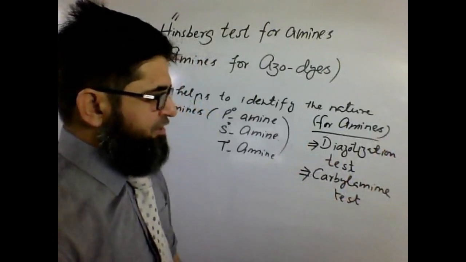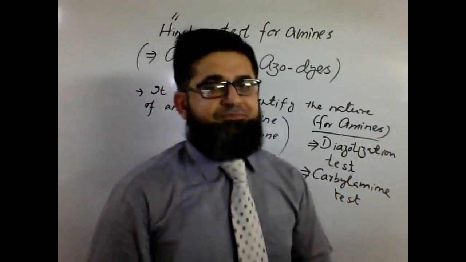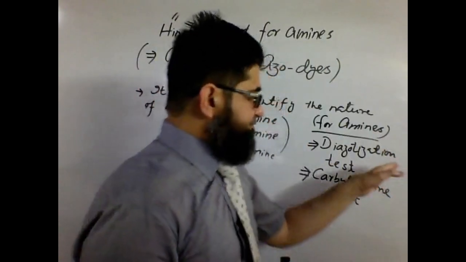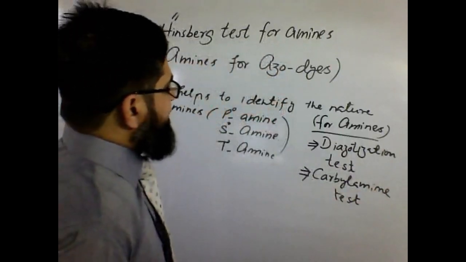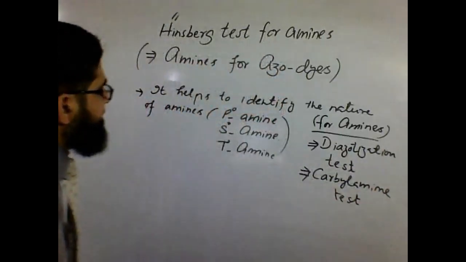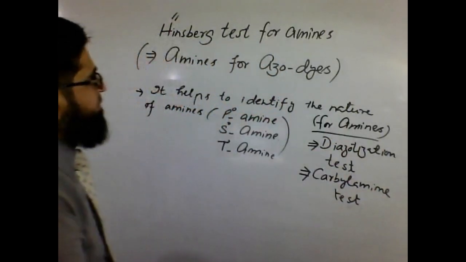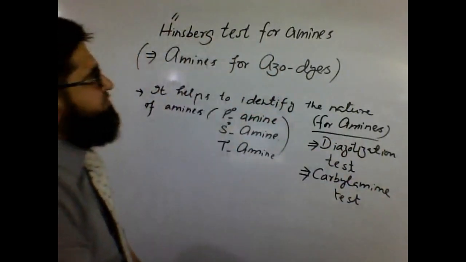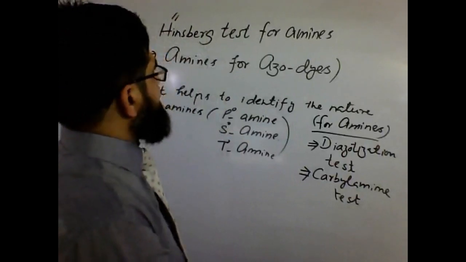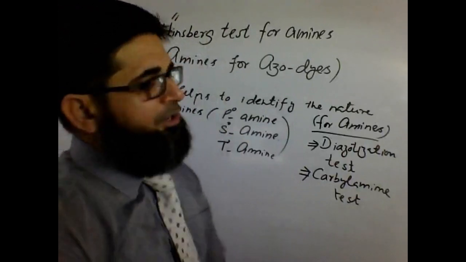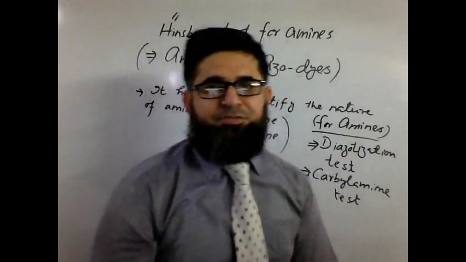Similarly, the carbylamine could help you out. If you don't have the reagents available for these compounds, you may go for the test number 3, that is also used for the identification of amine, that is Hinsberg test.